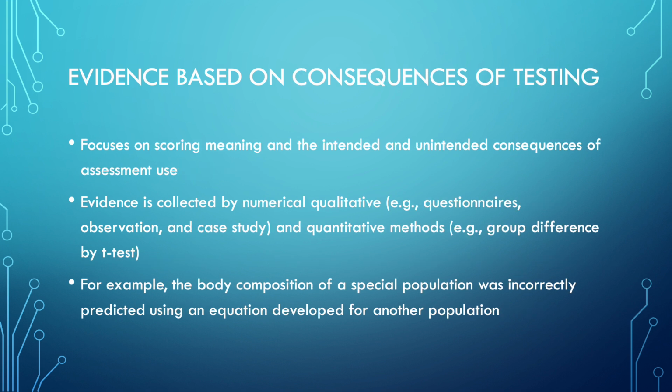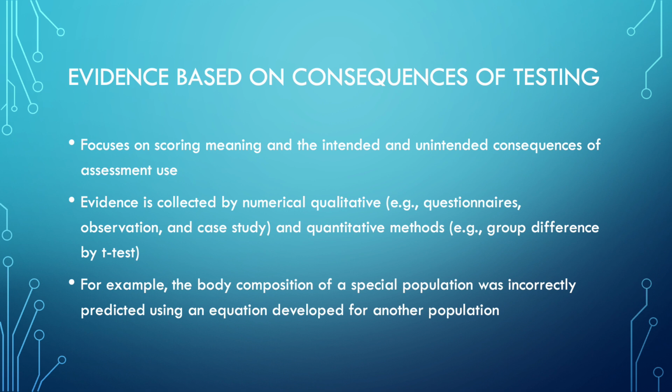We also have evidence based on consequences of testing. This focuses on scoring meaning and the intended and unintended consequences of assessment use. Evidence can be collected by numerical, qualitative and quantitative methods. Qualitative methods are usually data points that have open-ended questions. Things like observations and case studies aren't necessarily numerically heavy.